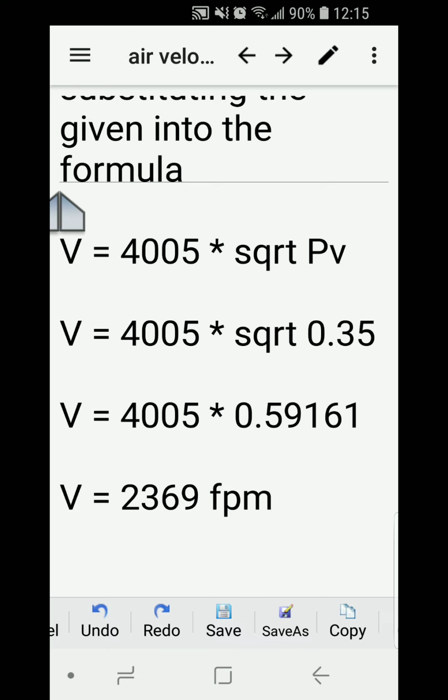V is equal to 4005 times 0.59161, giving us a final answer of 2369 feet per minute of air velocity in the duct of the given HVAC equipment.